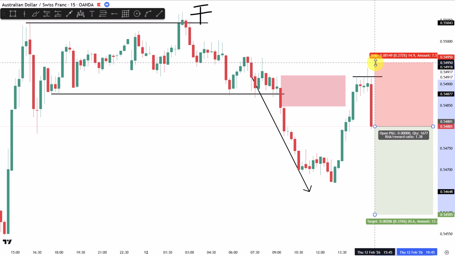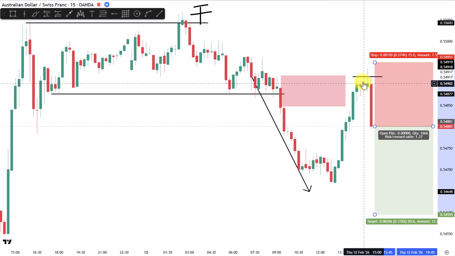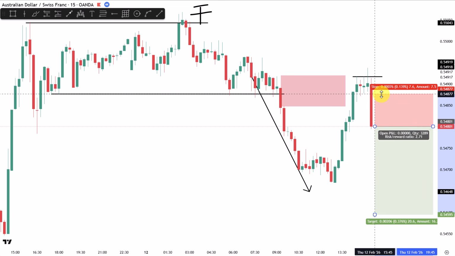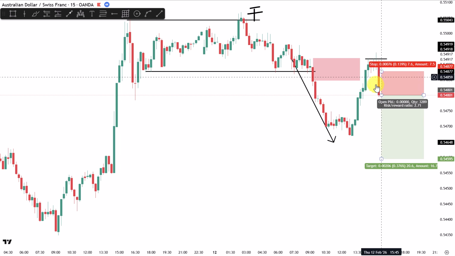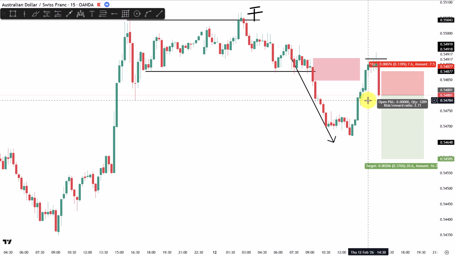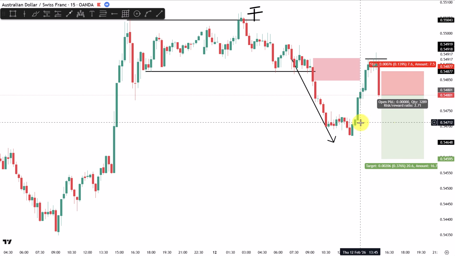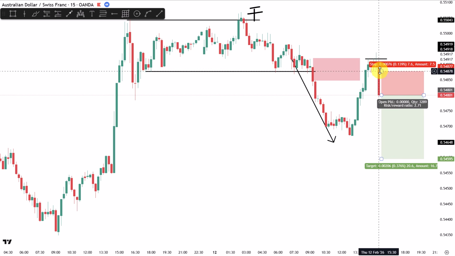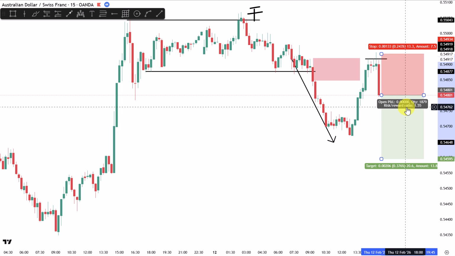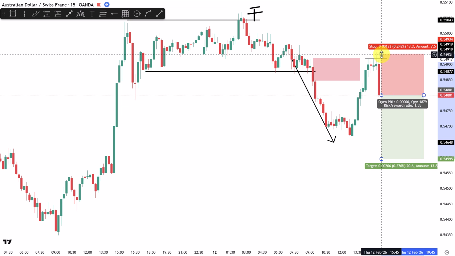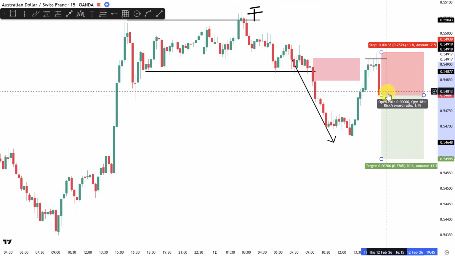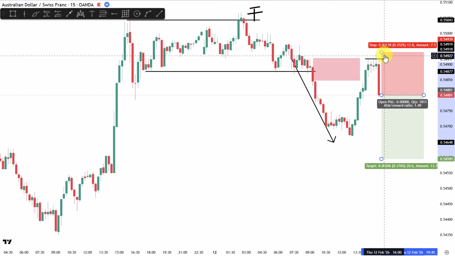We don't expect the market to make another stop run because it just completed a stop run. So often you can get away with a tighter stop loss. This takes some practice and experience. You can play around with it. Of course, the higher your stop loss, the lower the reward to risk ratio, but often you will not be taken out if the market pushes against your trade again.